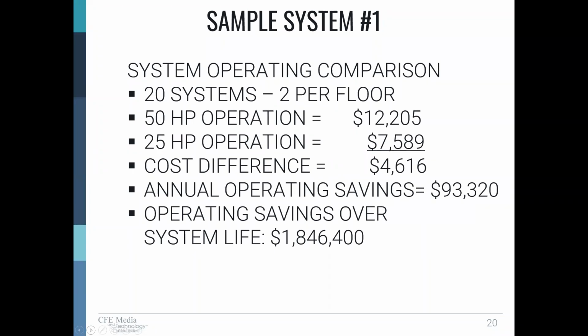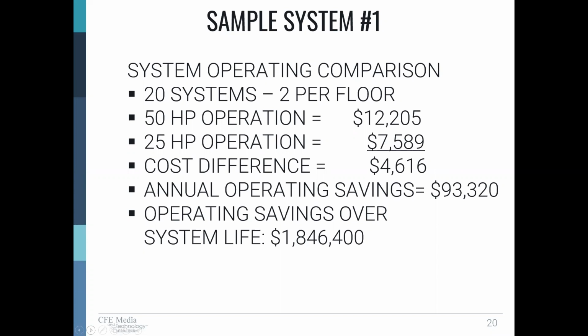Now for the operating cost. Again, we have the 20 systems at 2 per floor. The operating cost for the 50 horsepower fans are $12,205 each. The operating cost for the 25 horsepower fans are $7,589 for a cost difference of $4,616. The annual operating savings is, as you can see, $93,320.